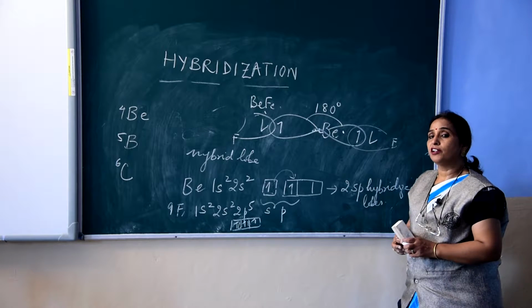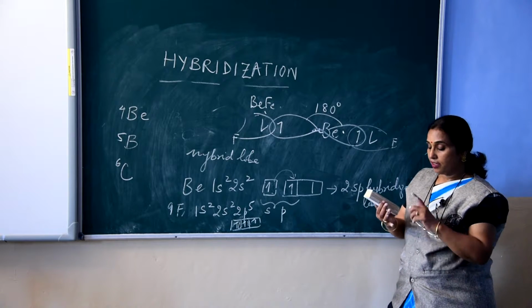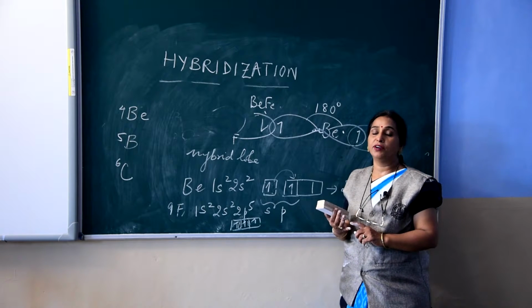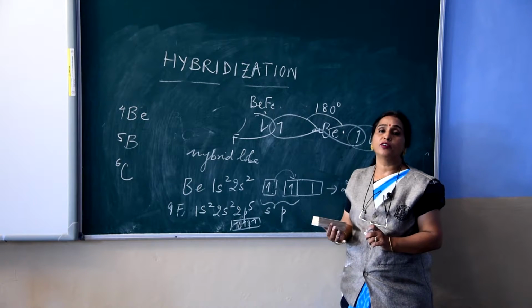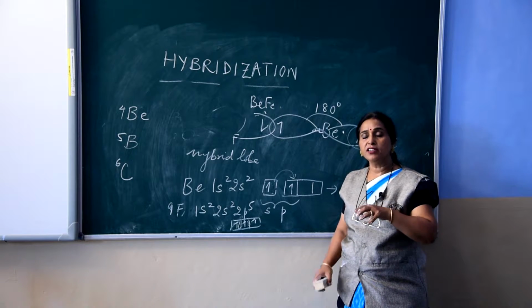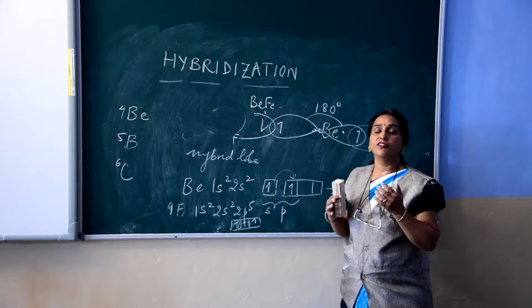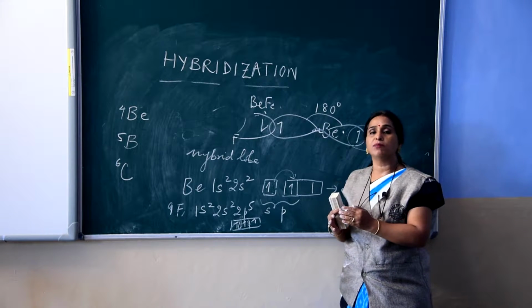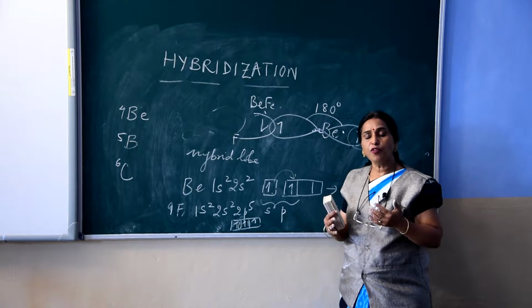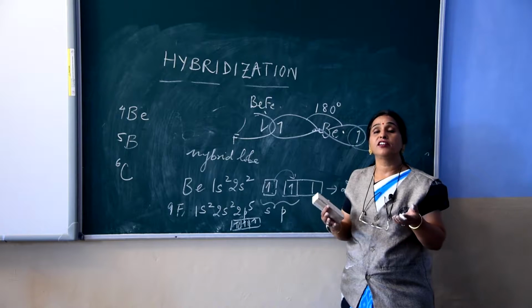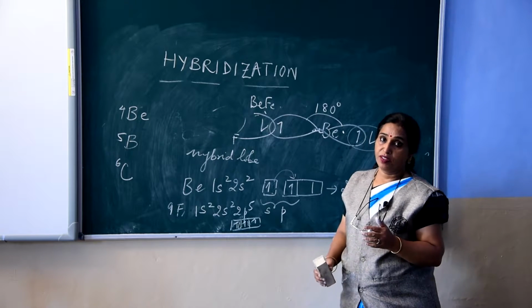So, this is the first example where we are showing a linear geometry of BeF2. One more important condition for hybridization is that only sigma bonds can be used in forming hybridization. Pi bonds are not at all involved. If we sum up the important conditions, hybridization means the intermixing of various orbitals having almost similar energies. The number of hybrid orbitals formed is equal to the number of orbitals involved in mixing.